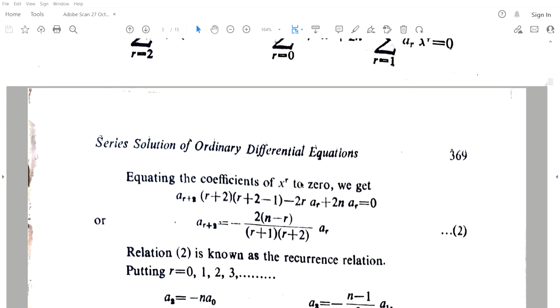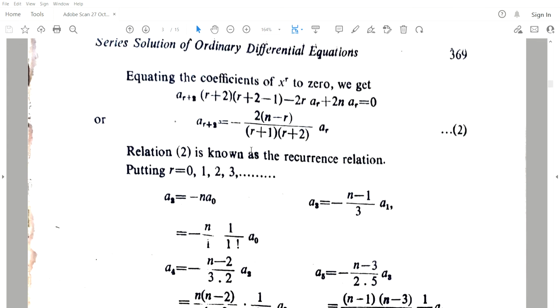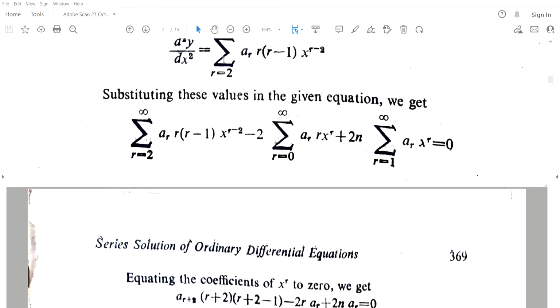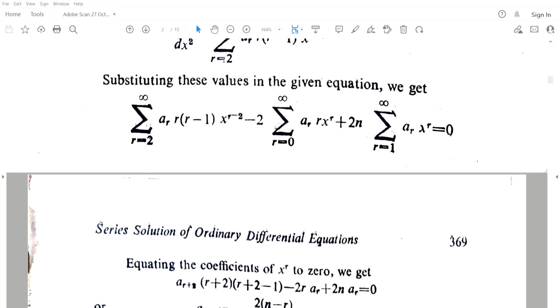Now, first we equate the coefficient of x to the power r. We take the first line of 369 and the last line of 368 so that we can refer to that. Yes, what we will do, the right hand side is 0, therefore the coefficient on the left hand side should be equal to 0 since this is an identity.